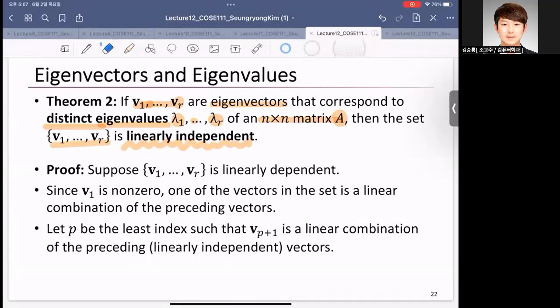So eigenvectors corresponding to distinct eigenvalues are linearly independent. This is Theorem 2.